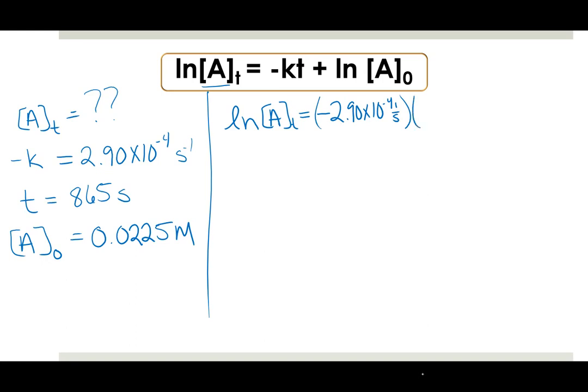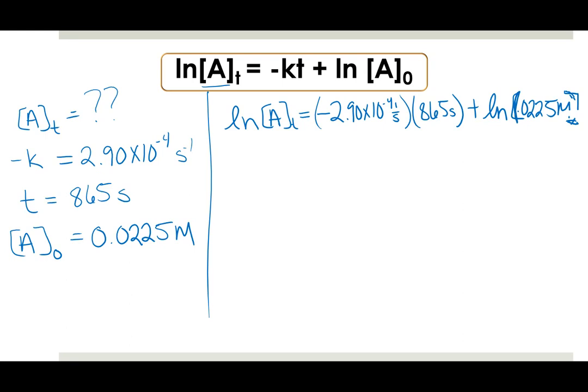We multiply that by time, which is 865 seconds, and then add that to the natural log of the original concentration, 0.0225 molar, in parentheses. All right, so let's clean this up a little bit.